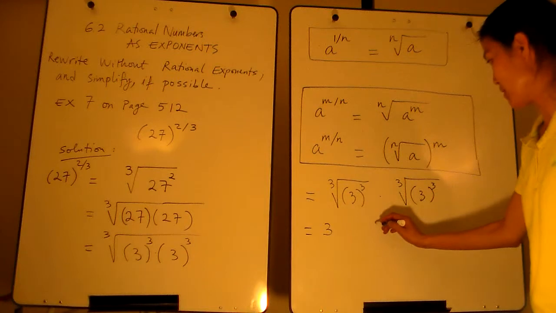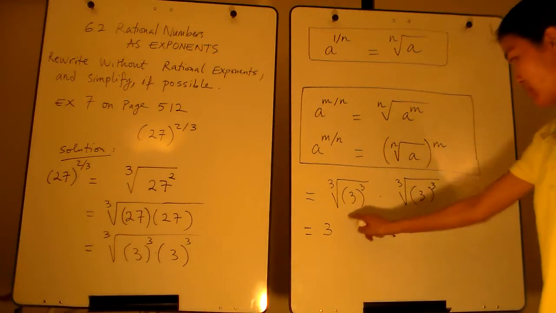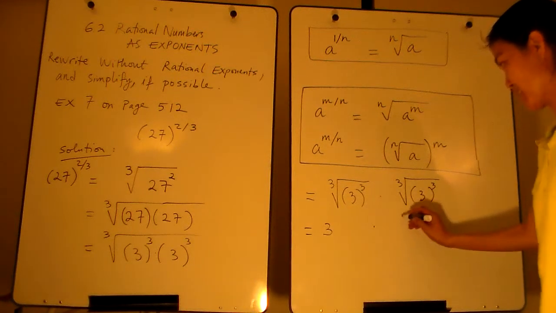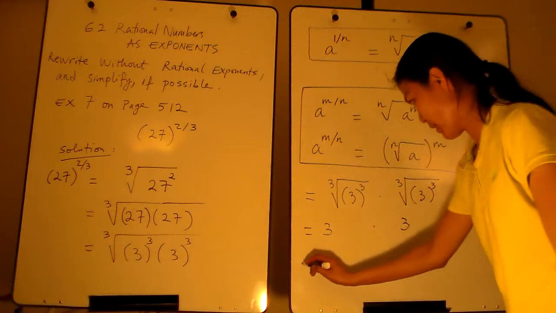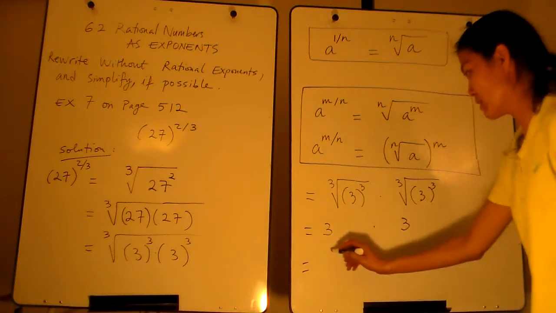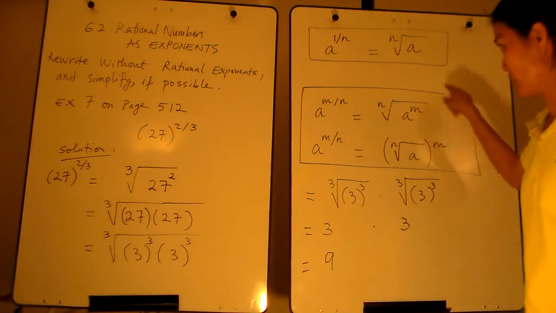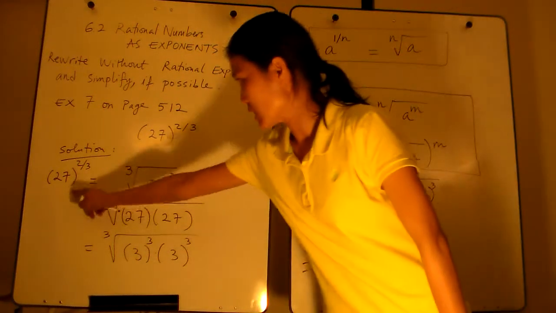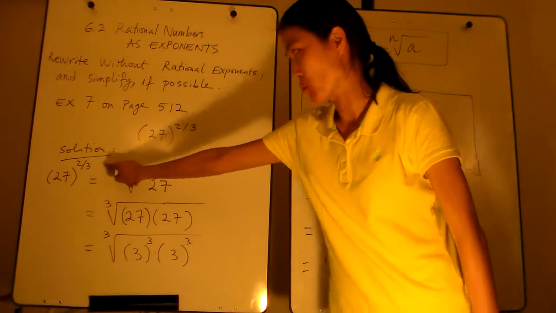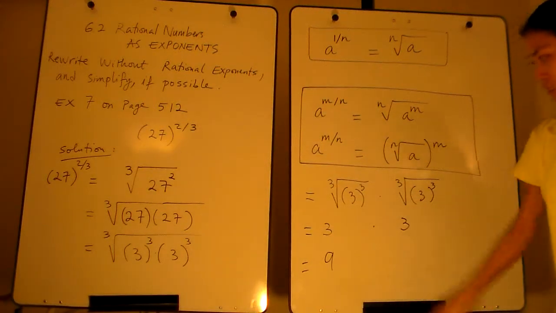Same thing here, you get 3, and 3 times 3 is 9. So using this formula, we can simplify this expression with a rational exponent to 9.